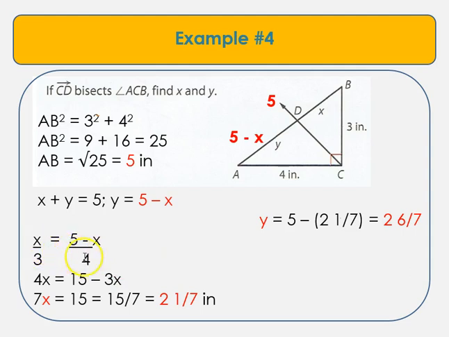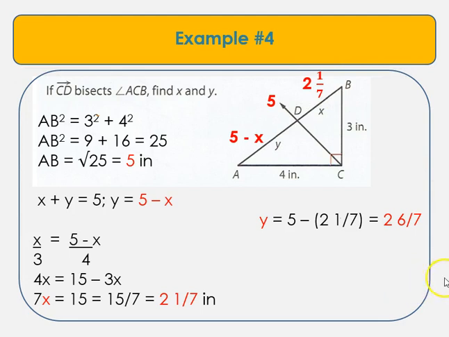So if we multiply across, we'll have 4x equals 15 minus 3x, which gives 7x equals 15. If we divide both sides by 7, we have 2 1/7 inches. So x will equal 2 1/7. And we'll go ahead and place this over here.